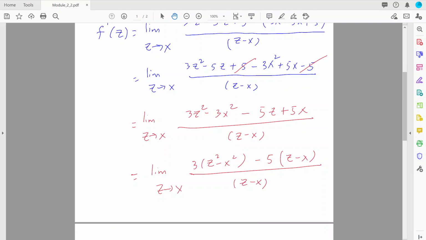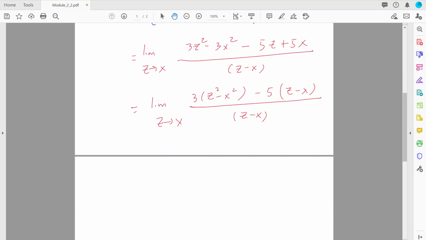So let's go further, and here you can see there is a formula, the difference of squares formula, which gives you z minus x and z plus x as the factors of this expression, minus 5 times z minus x.